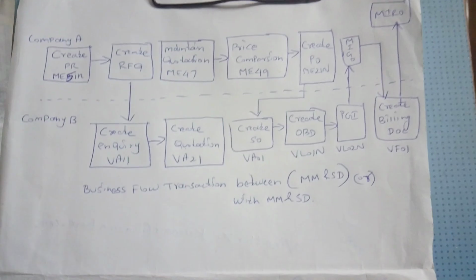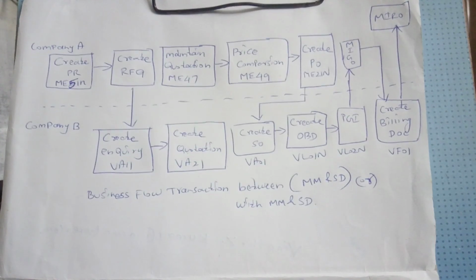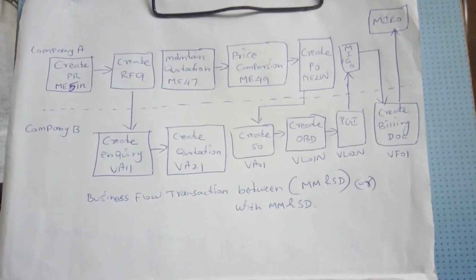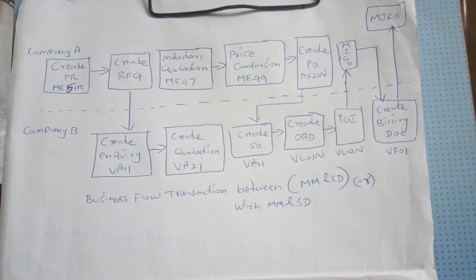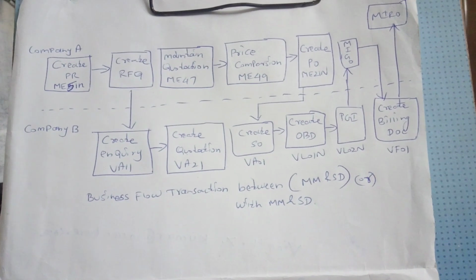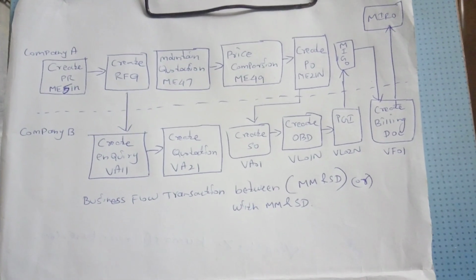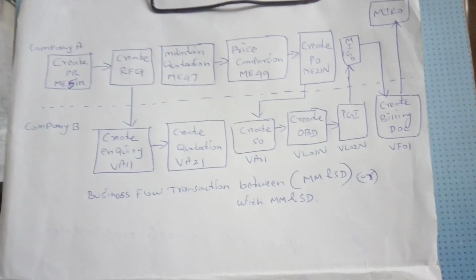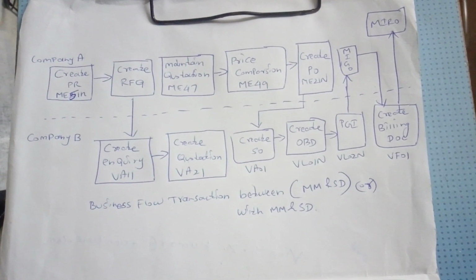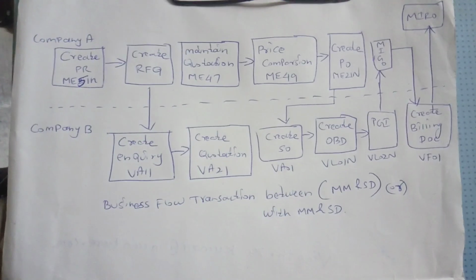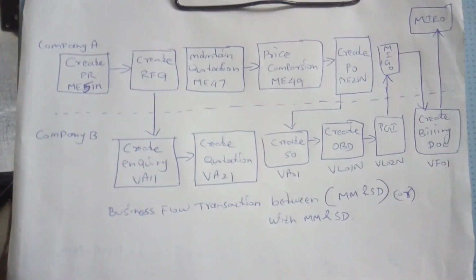Here we have the concept called availability check. Normally the availability check can be done in the sales order, and we can also configure the SAP system to check the availability at the outbound delivery level also.